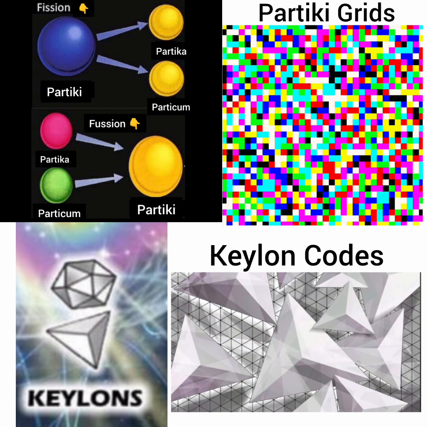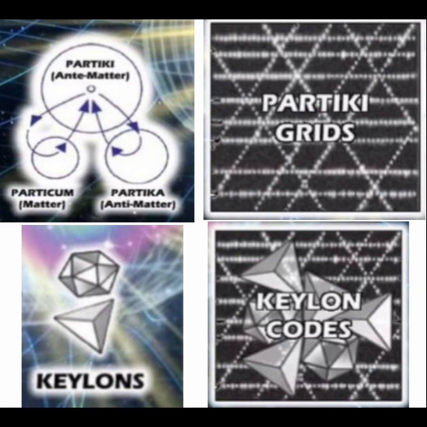So keylons are the 3D carriers of consciousness force, which are made up of particle grids, and the particle grids are made up of particle units. Particle units are the energy of God, the consciousness of God, the substances. So the keylons are the voltage, the volts of consciousness.